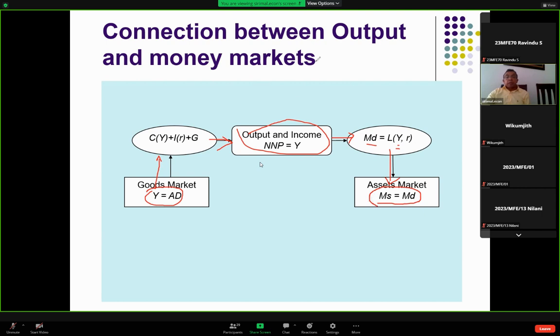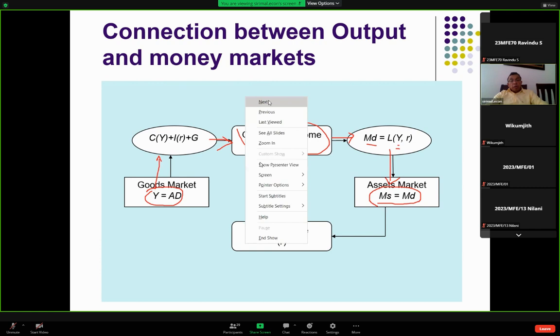So that is one connection, but there are also other connections. Let's see them as well. The money market gives us the interest rate, and that interest rate also affects our output market.